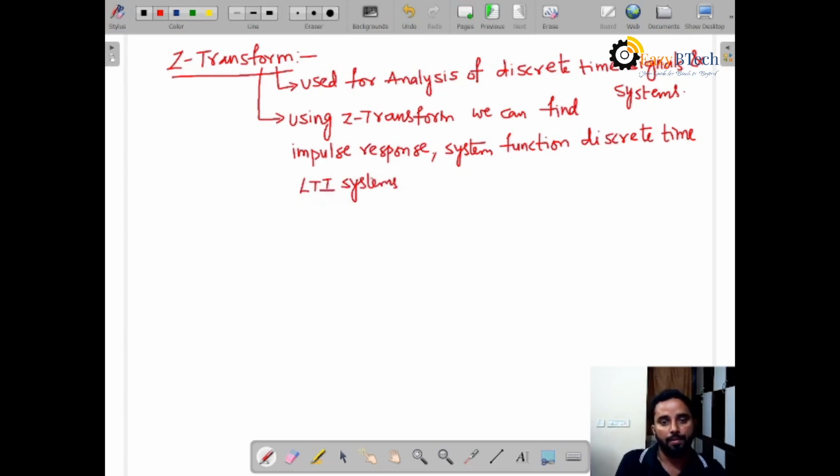Okay, and the next thing: discrete time LTI systems are described by difference equations.